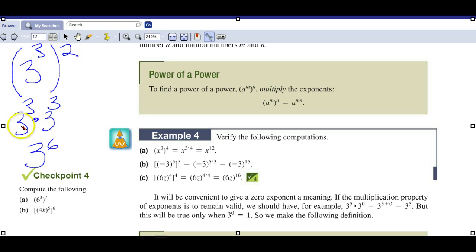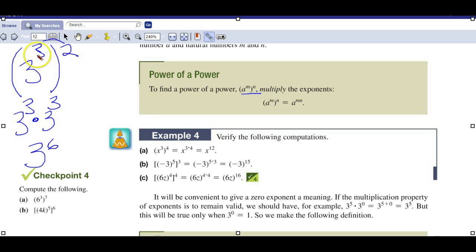this means that you have 3 to the 3rd times 3 to the 3rd. And adding these up, you get a 6. But in this form, when you're raising it to a power, what would the shortcut be? Well, it would be multiplying your exponents to get 3 to the 6th.